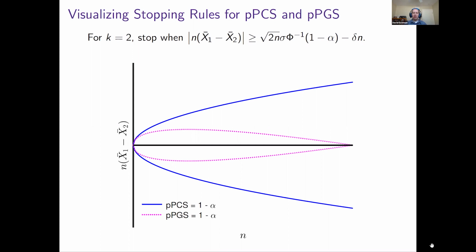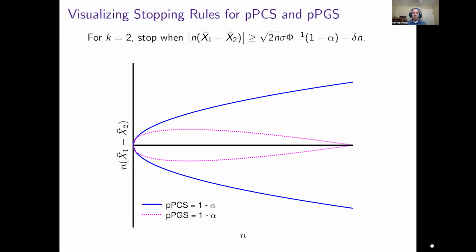You can view this as a Brownian motion that's being observed at discrete points in time, and it's moving around. And once you observe it crossing one of these thresholds, you would terminate the procedure. What's apparent here is that there is a big difference in the shape of these continuation regions for the posterior PCS stopping rule versus the posterior PGS one.